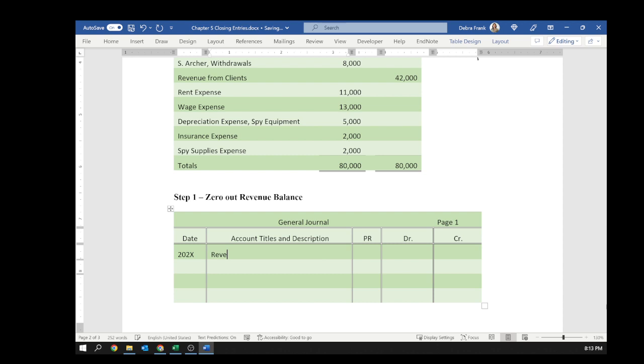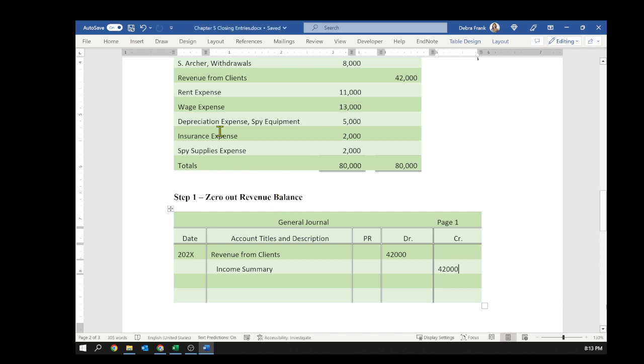I called it revenue from clients. So now revenue is going to be closed out when I post that to the ledger.